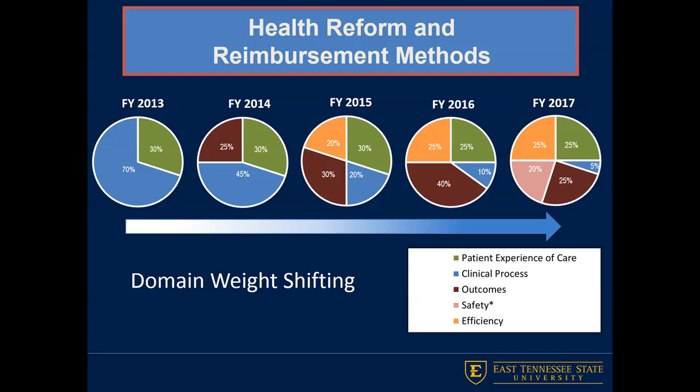And then we move into 2017, where only 5% is based on clinical processes. We have almost an even split between the rest, a 25-25 split with efficiency, and safety starts to become a huge factor that we're looking at in 2017. Outcomes are still a big piece of the pie here.